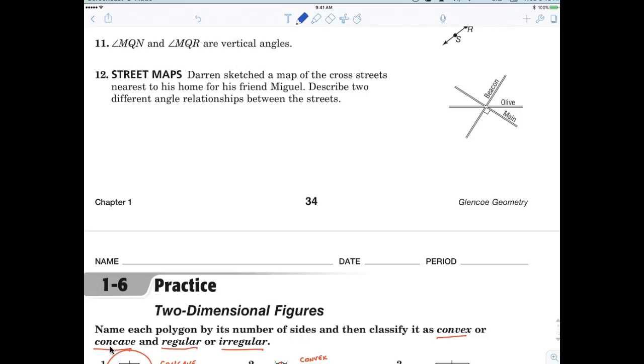You could say they were adjacent: Main is adjacent to Olive, or Olive is adjacent to Beacon. But that's kind of a silly question, so don't worry about that.